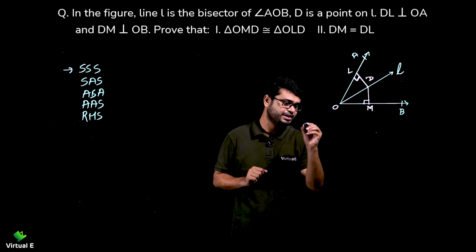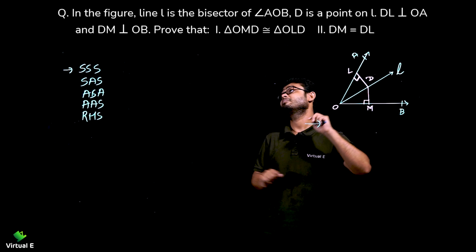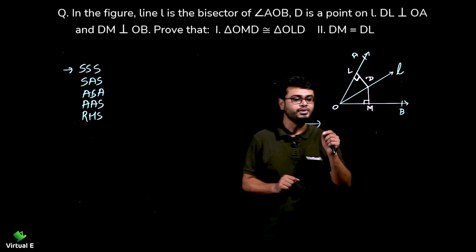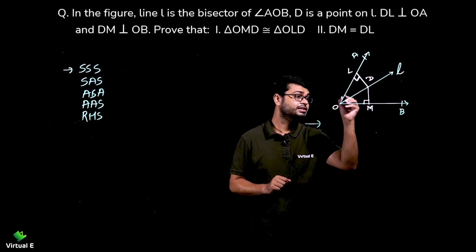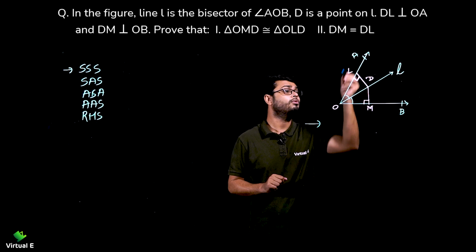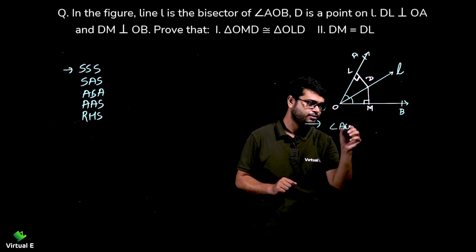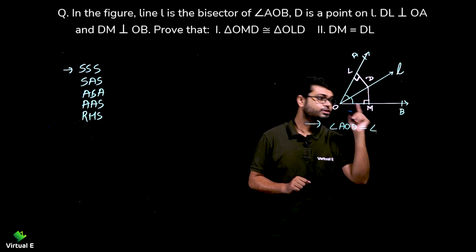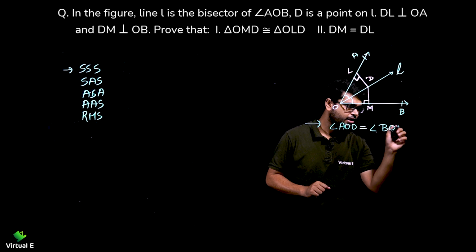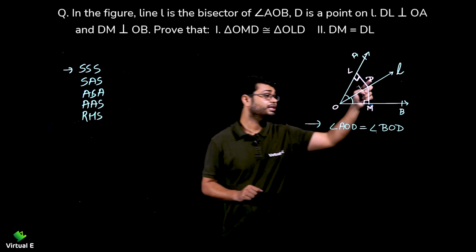So first of all, let's write: L is the angle bisector of angle AOB. So what can we write? This angle and this angle are equal. So let's write angle AOD is equal to angle BOD, because OD is the angle bisector.